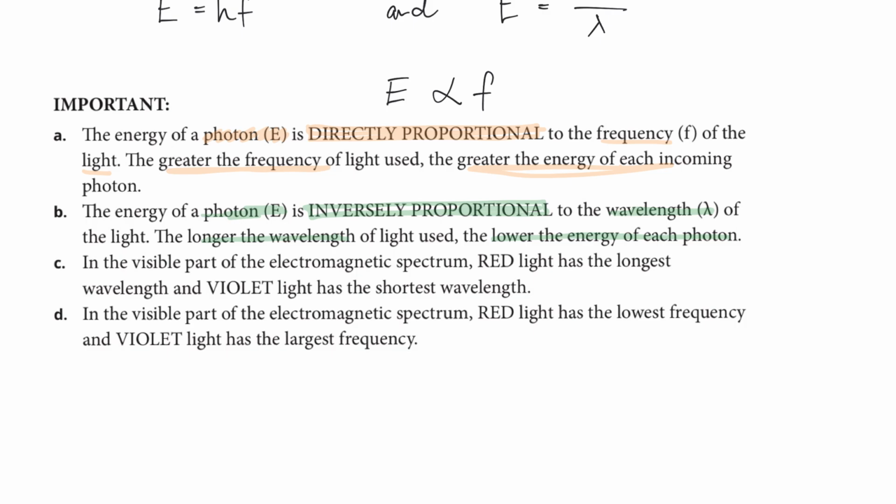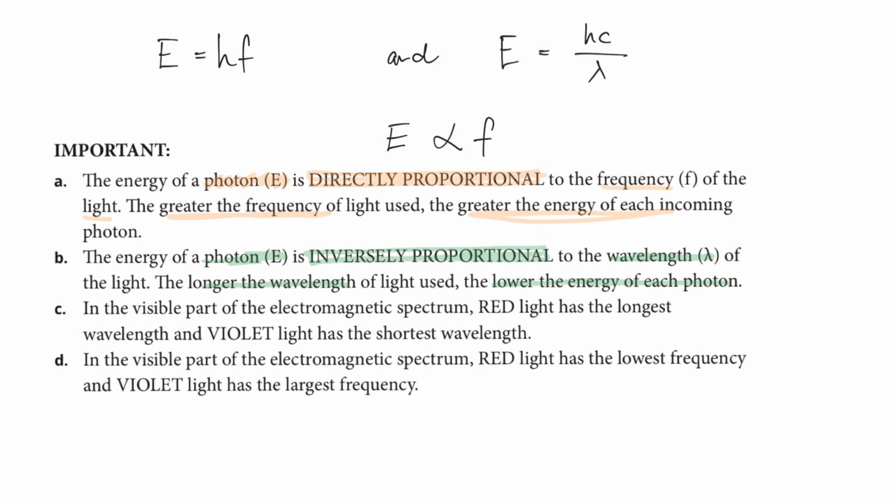There's no such thing mathematically as inversely proportional. There's no sign for inversely proportional. The only sign we have is directly proportional. So we're going to say that the energy of a photon is directly proportional to the inverse of the wavelength, so 1 over lambda. And that is how you write it mathematically.